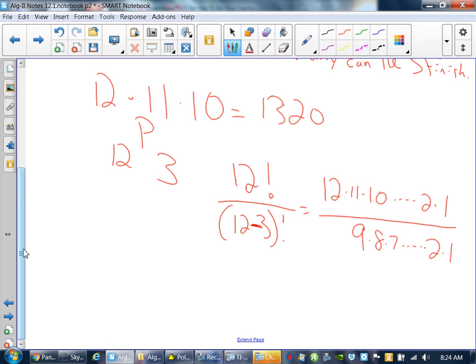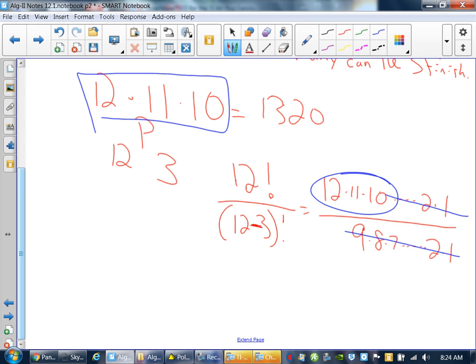So when you look at that, what simplifies out? Everything below 9 simplifies out, and you're left with just 12 times 11 times 10. But wait, there's more.